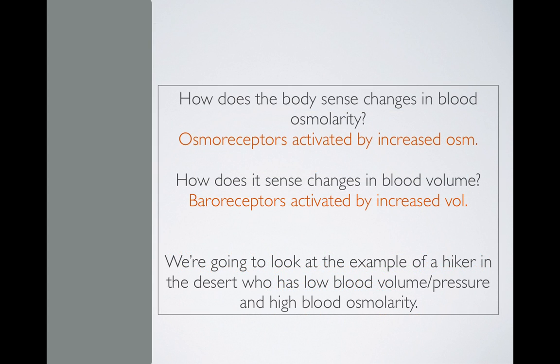All right, so now we have our first two tools to sense changes in these two very important parameters, osmolarity and blood volume. Now we're going to take these tools and apply them to see how we can affect the kidneys and all these other systems to regulate these two parameters.